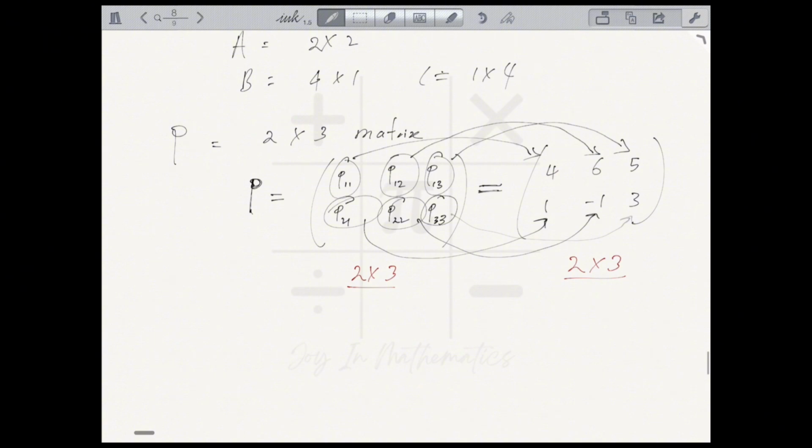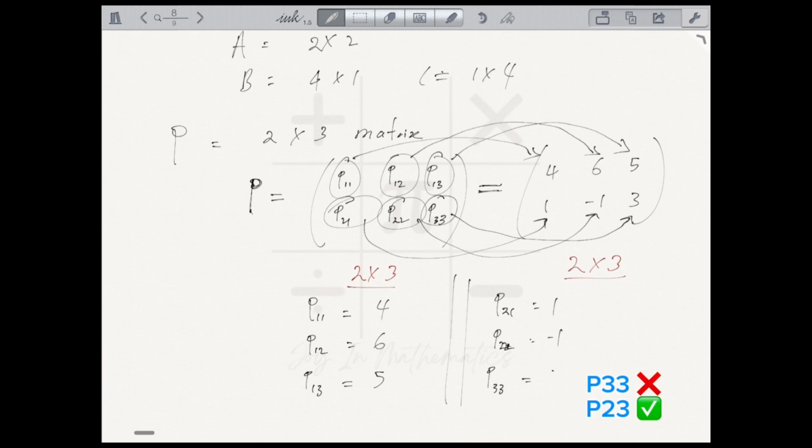Now let's write that out as plainly as possible. P11 is equal to 4, P12 is equal to 6, P13 is equal to 5, and also P21 is equal to 1, P22 is equal to -1, and likewise P33 is equal to 3.